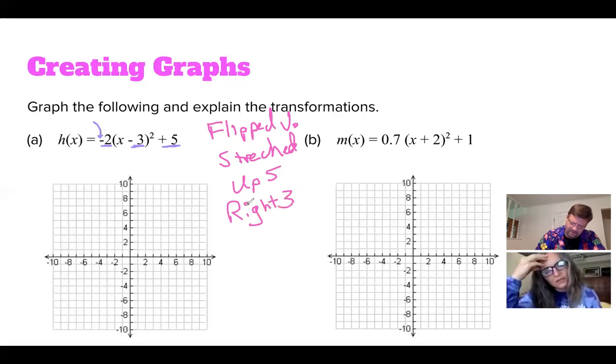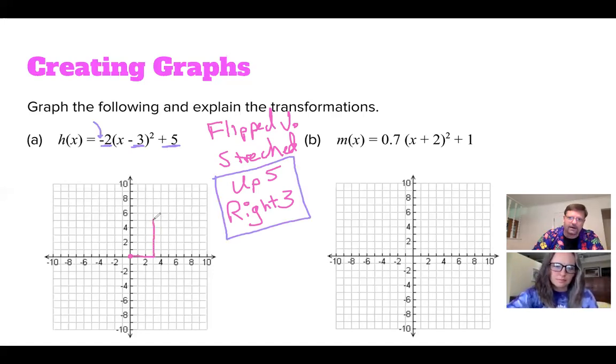All right, so now my vertex, that lowest point on the x squared graph, is actually going to be the highest point, but I'm not going to worry about that right now. Normally it would have been right here, right? But instead, I want to take it right 3 and up 5, or up 5 and right 3. Either way, I would end up right there.